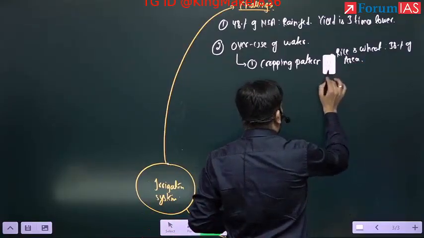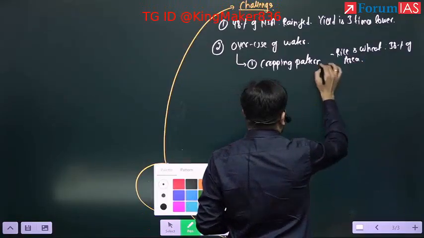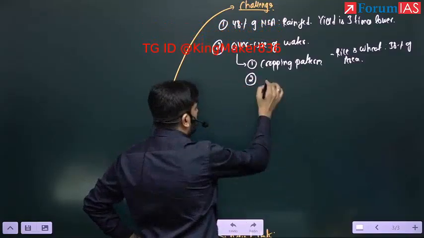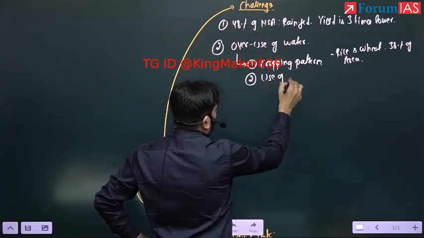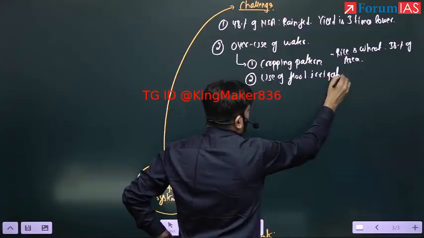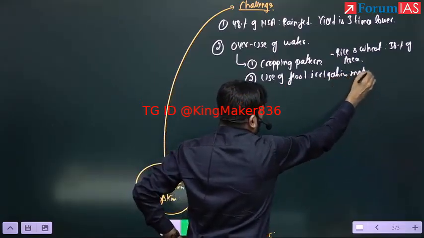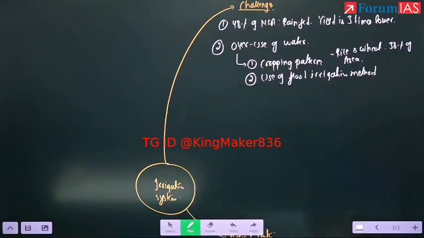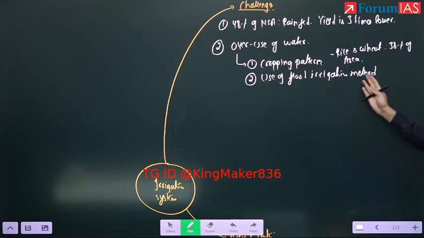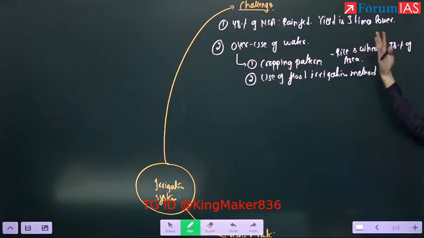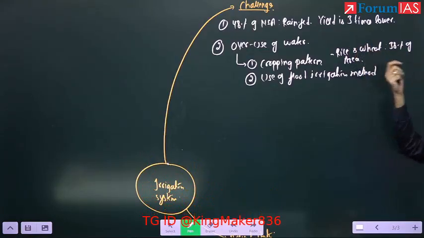Okay. Apart from this, the second is use of flood irrigation method. When I say flood irrigation method, it means we keep the land inundated with water. Okay, but that is needed for rice, na? Rice is through flood irrigation method only. But for which crop are we using flood irrigation where it is actually not needed?